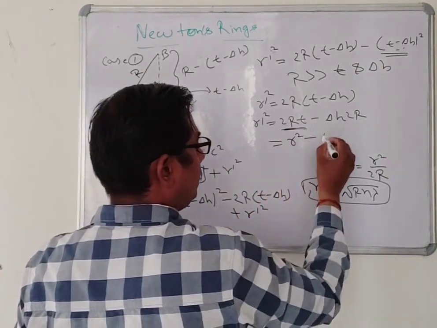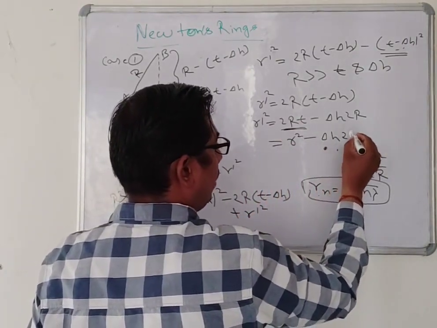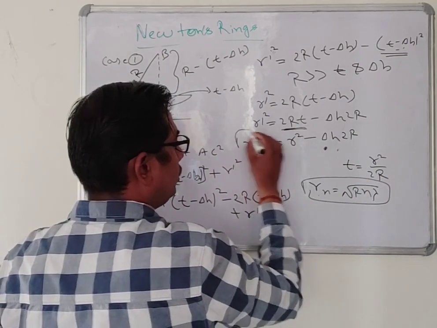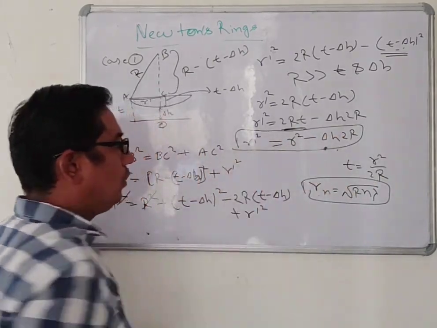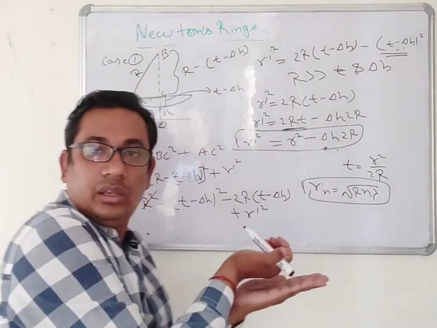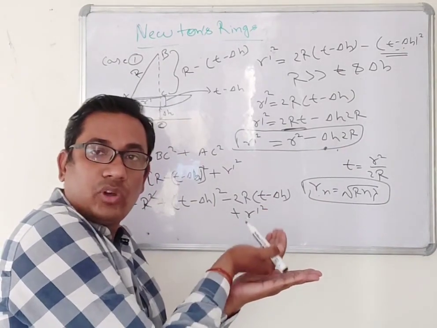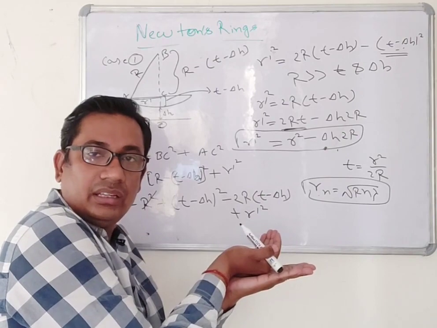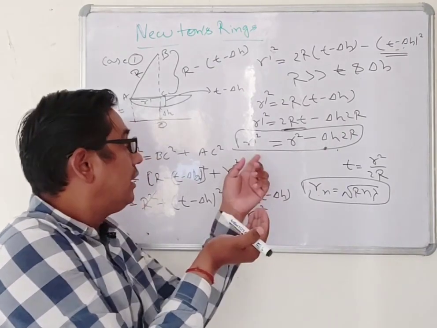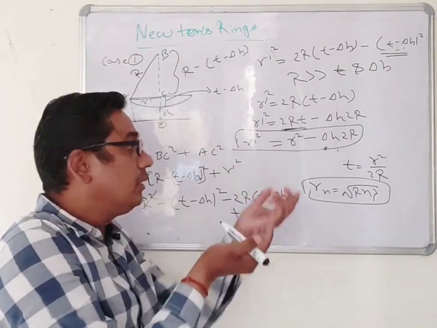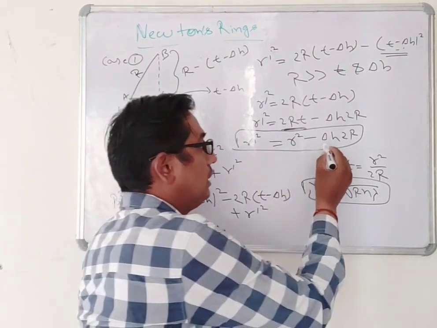So when increasing the height of the plano-convex lens from the point of contact with the glass plate, the radius of the air film will be decreased by this amount.